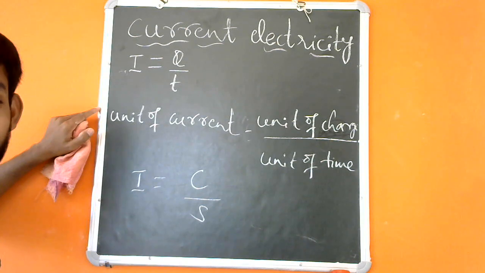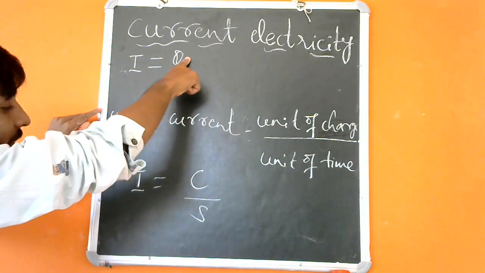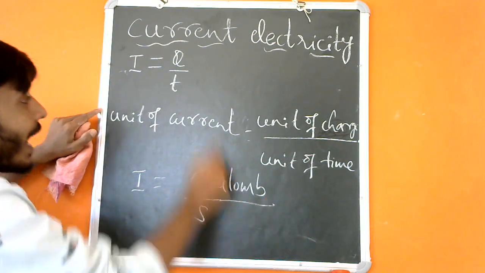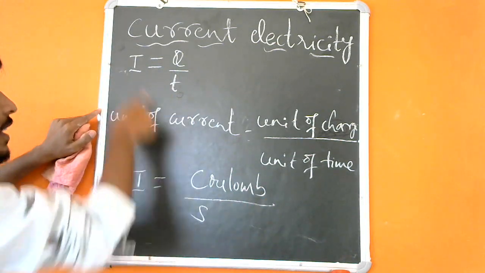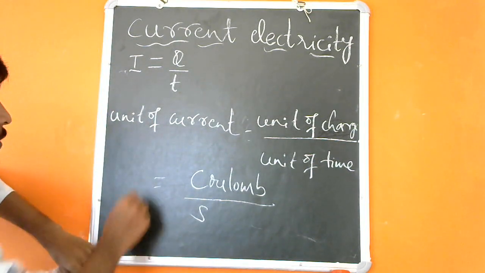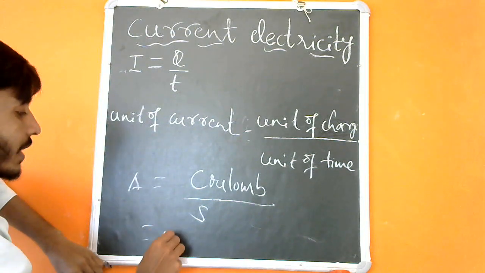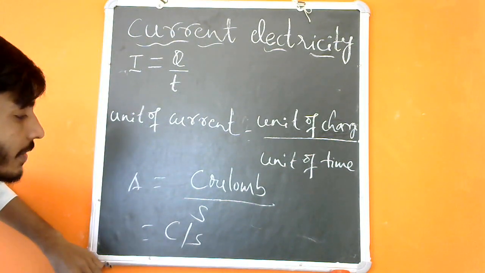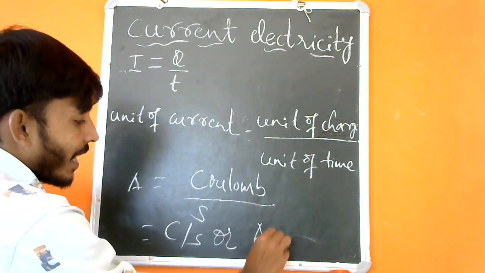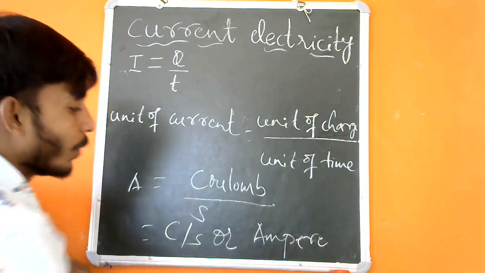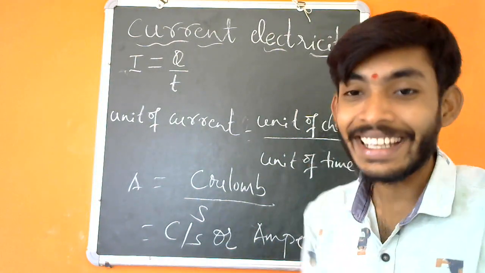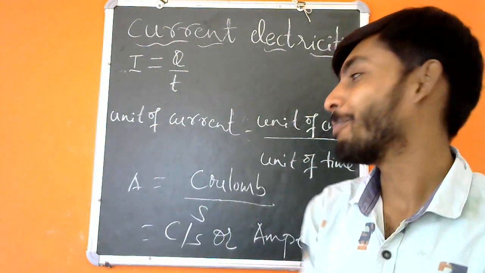We can say the SI unit of charge is coulomb, and the SI unit of time is second, and the unit of current is ampere. So current, we can write in SI unit as coulomb per second. This is the derived unit, or generally you can write it as ampere.